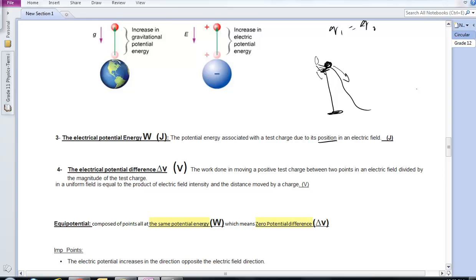So the electric potential difference is work done in order to move the positive charge between 2 points in an electric field, divided by the charge, in a uniform field.